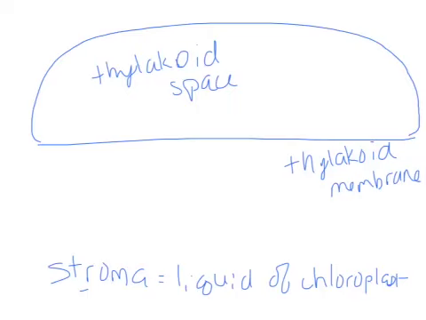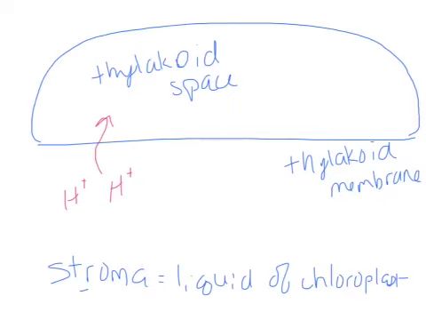To help this chemiosmosis make ATP, I'm going to pump hydrogen ions from out here in the stroma into the thylakoid space, across the membrane.